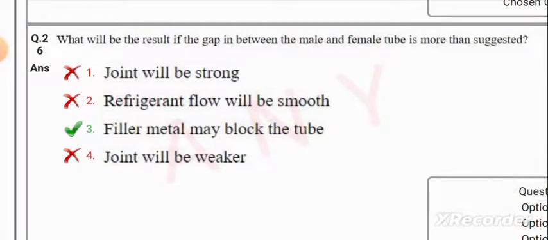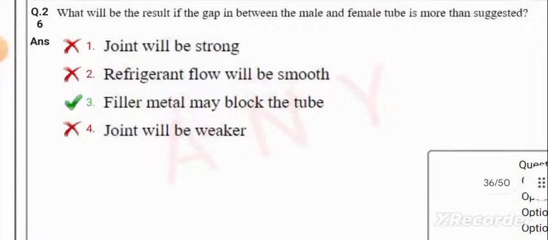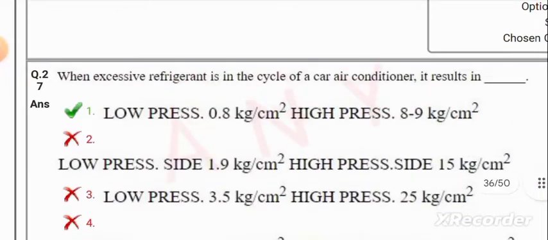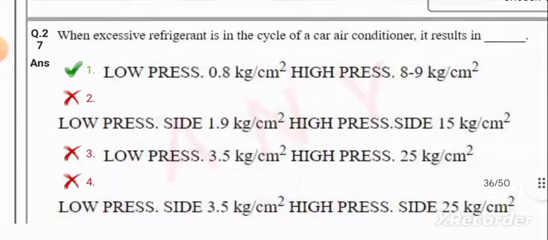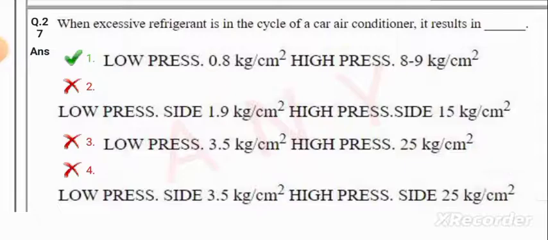What will be the result if the gap in between the male and female tube is more than suggested? Filler metal may block the tube. When excessive refrigerant in the cycle of a car AC, it results in low pressure 0.8 kg per centimeter square and high pressure 8 to 9 kg per centimeter square.